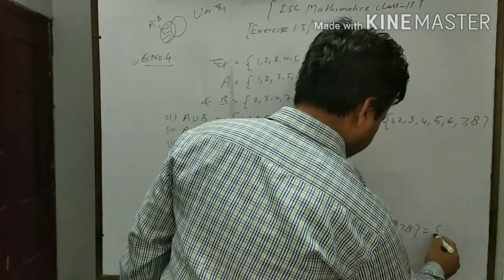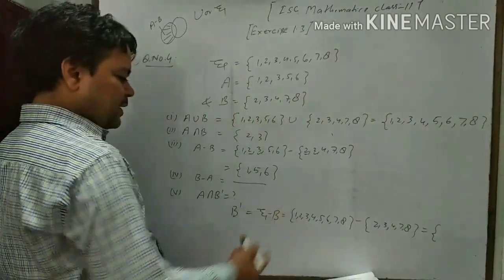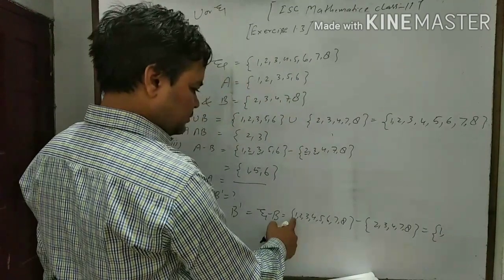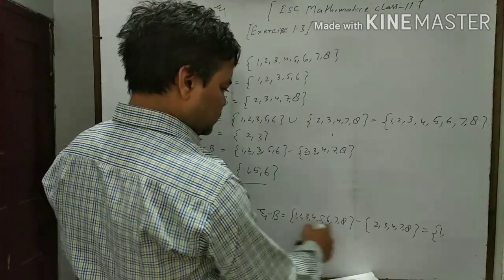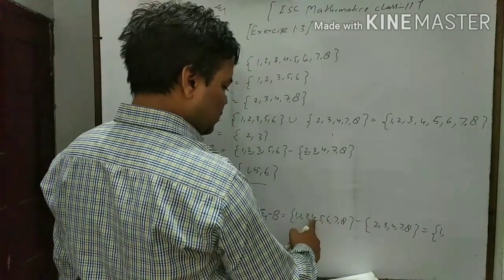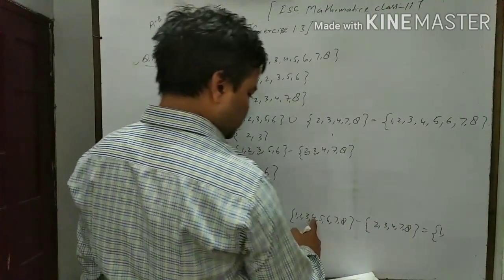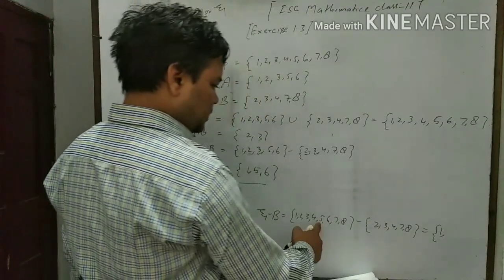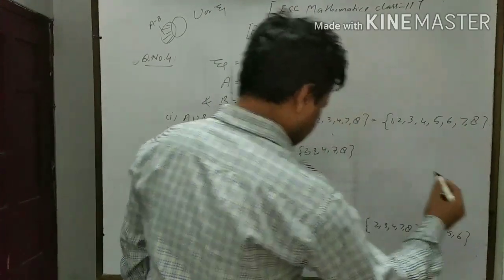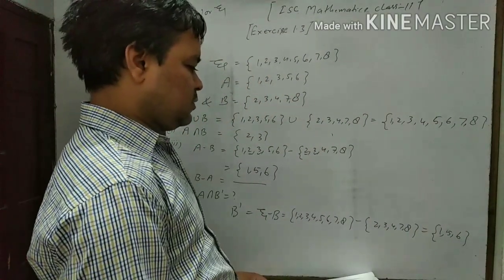Then what is B dash? Element 1 will be there. We cannot take 2 because 2 is here also. We cannot take 3, and we cannot take 4, because they are here also. After that we can take 5, 6. So 1, 5, 6. 7 and 8 we also cannot take.